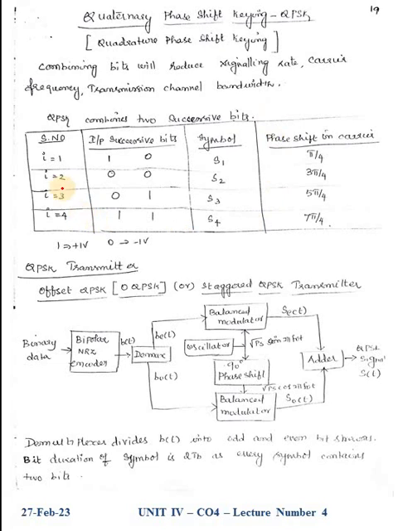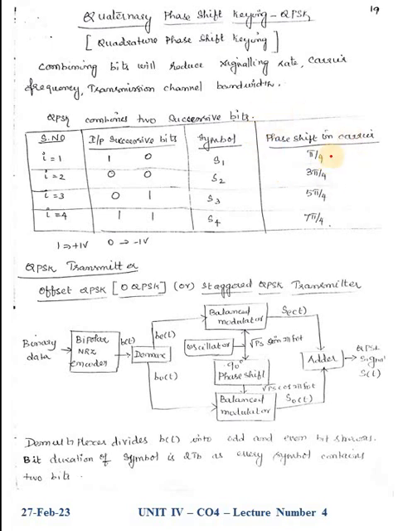So this is a general table to represent QPSK when you combine two successive bits. For our convenience, we are taking the symbols from 1 to 4. Let us assume i is equal to 1. For i equal to 1, the input successive bits are 1 0, so the symbol is represented as S1.